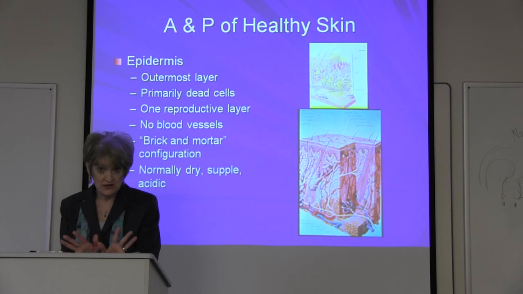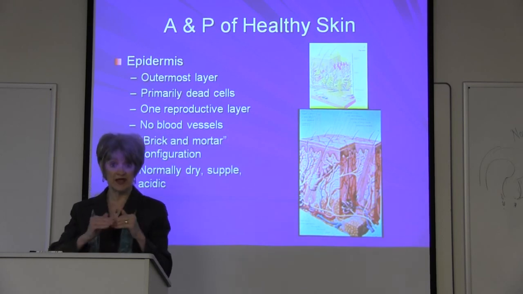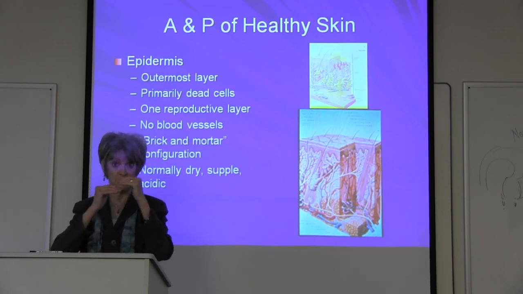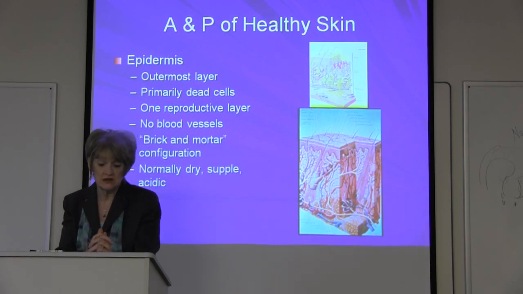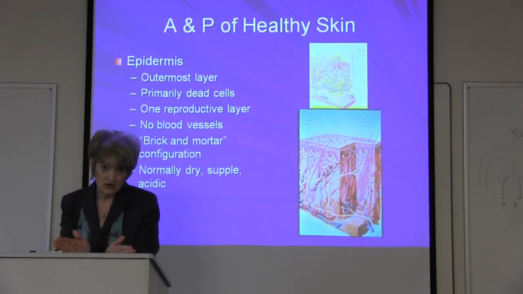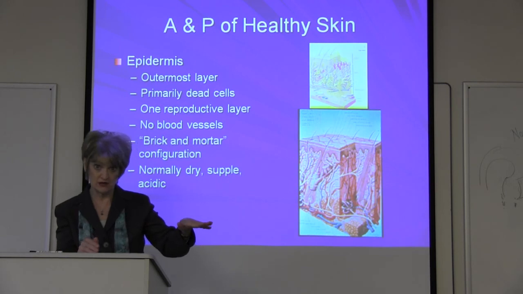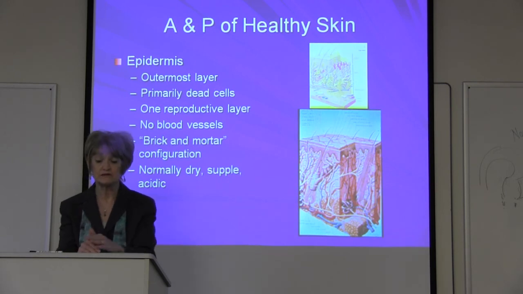Cells are produced at this level, and then they start to migrate upward. As they migrate upward, they undergo a number of changes. They lose the DNA, which means they become non-living and incapable of reproduction, so only that bottom layer is capable of reproducing.